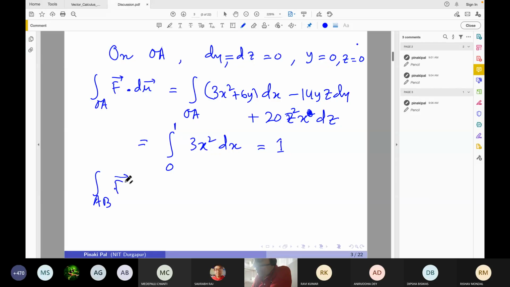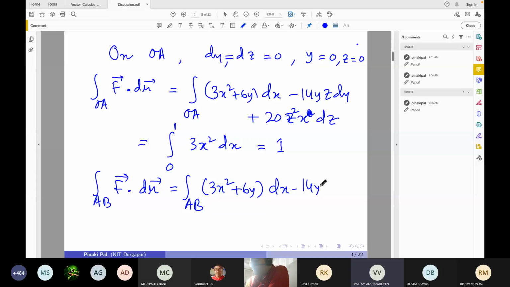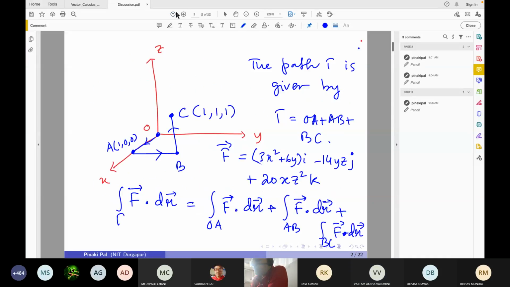And now on AB, F dot dr is equal to, once again, let me write, 3x square plus 6y dx minus 14yz dy plus 20xz square dz. Now let us look at the graph.